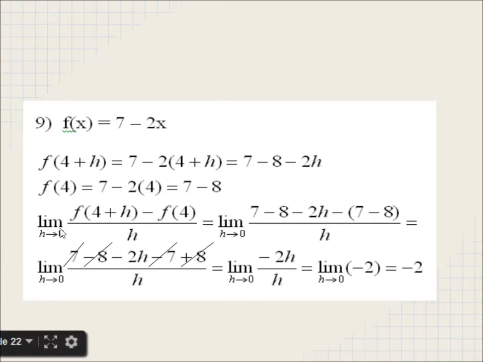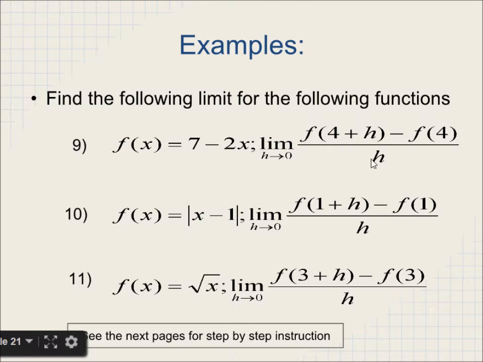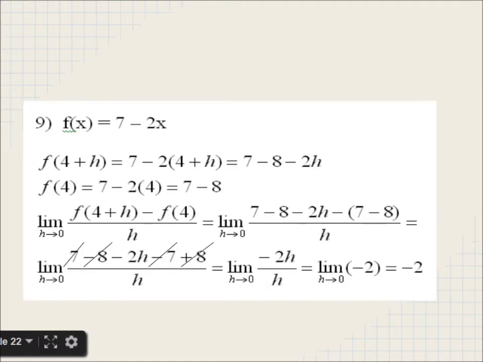Now we have to calculate the limit of this particular function. By putting the value of f(4 plus h), which we got as 7 minus 8 minus 2h, minus f(4), which is 7 minus 8, divided by h, as h approaches 0, we simplify.